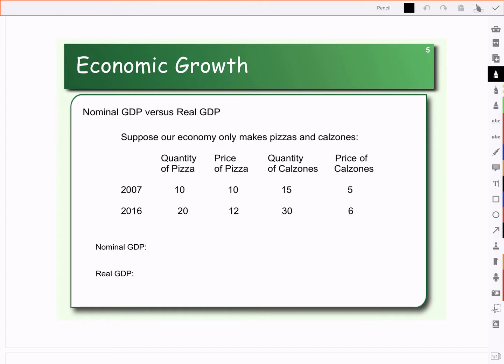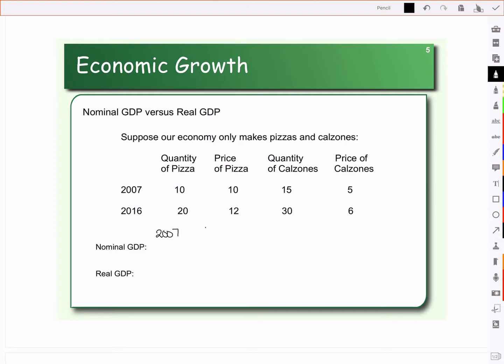So let's look at nominal GDP and let's look at real GDP. So nominal GDP looks at the quantity of goods that are sold at current or market prices. So to find nominal GDP in 2007, we're going to use the prices from 2007 and the quantities from 2007.